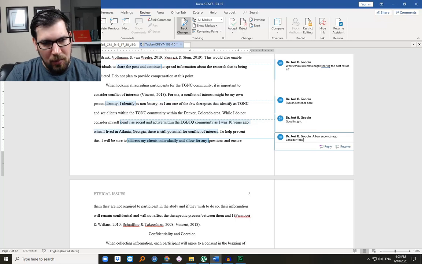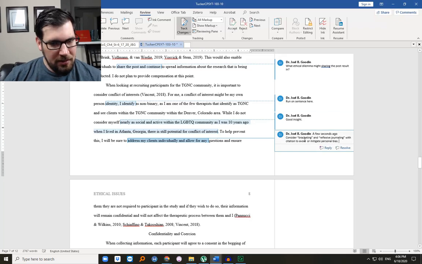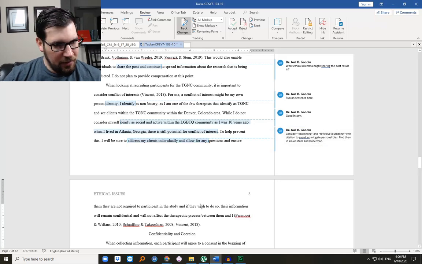Consider bracketing and reflexive journaling with citation to avoid or mitigate personal bias. These are typical things, and you can find these authors talking about it, Yin or Miles and Huberman.